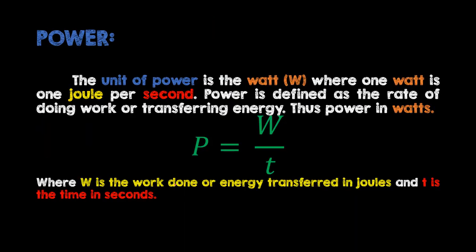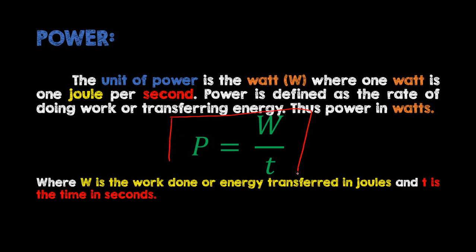So next one is power. The unit of power is watt, where 1 watt is 1 joule per second. Power is defined as the rate of doing work or transferring energy. Thus, power is in watts. So this is the formula for watts.